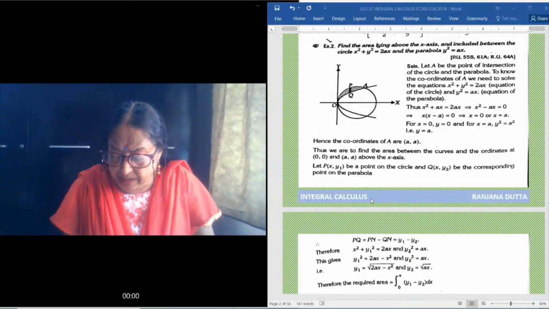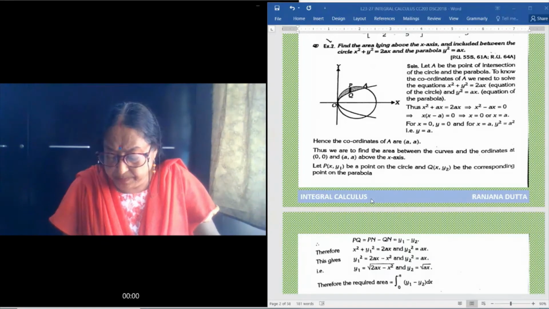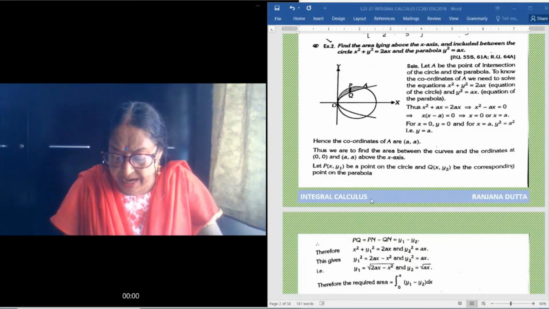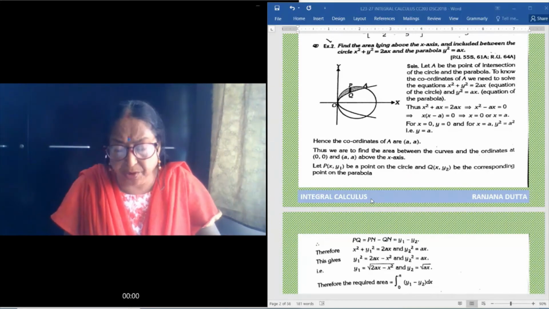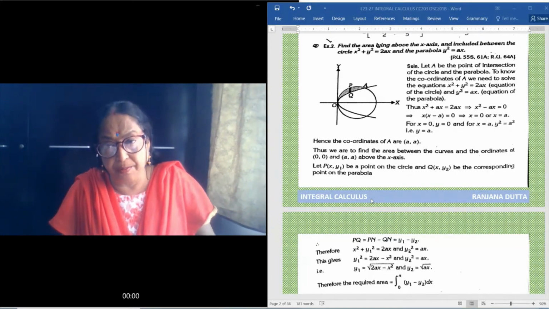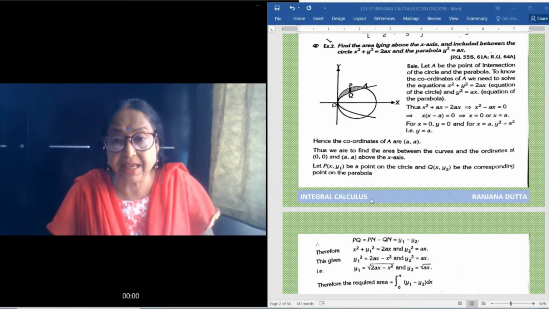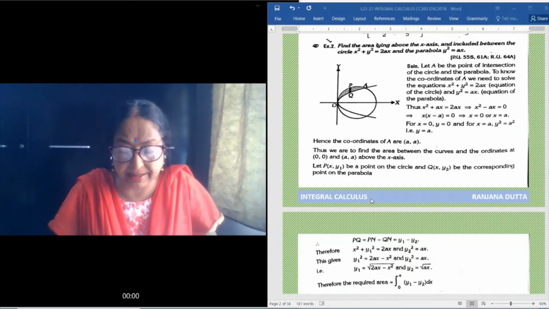So the portion included between the circle and the parabola is the integral of (y1 minus y2) dx. Dx means the span of x. If we draw a perpendicular from A on the x-axis, we get the value of x, the coordinate of A on the x-axis.